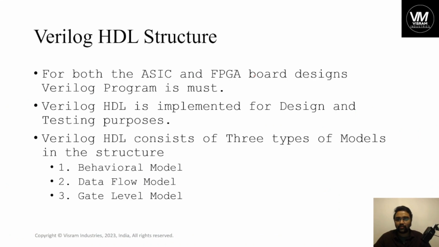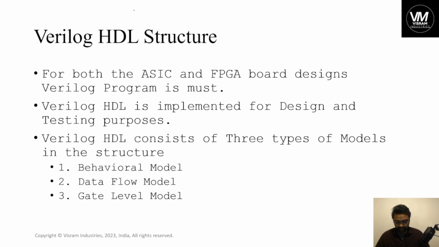Now going back to Verilog HDL. Let me introduce you to the different types of models in Verilog HDL, which are the behavioral model, data flow model, and gate level model. How do we design? We can design in three different stages of the entire Verilog HDL programming.